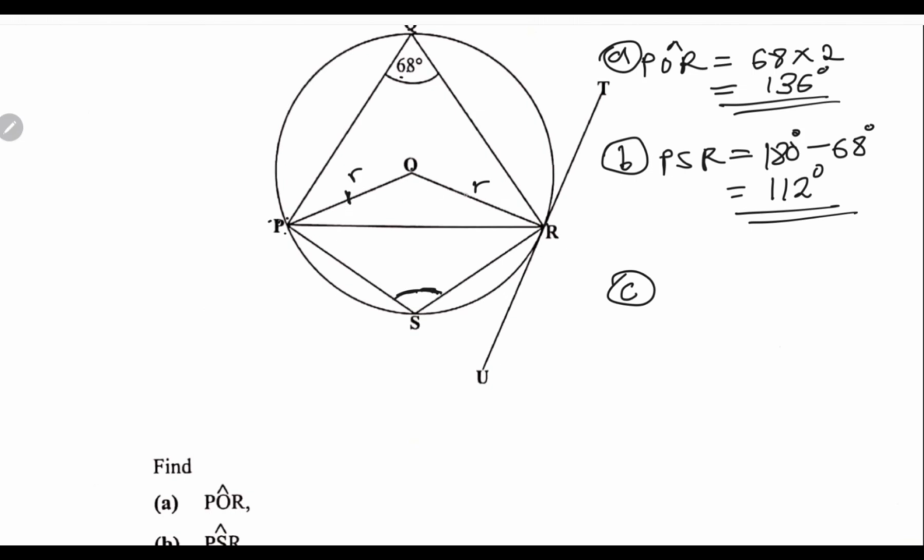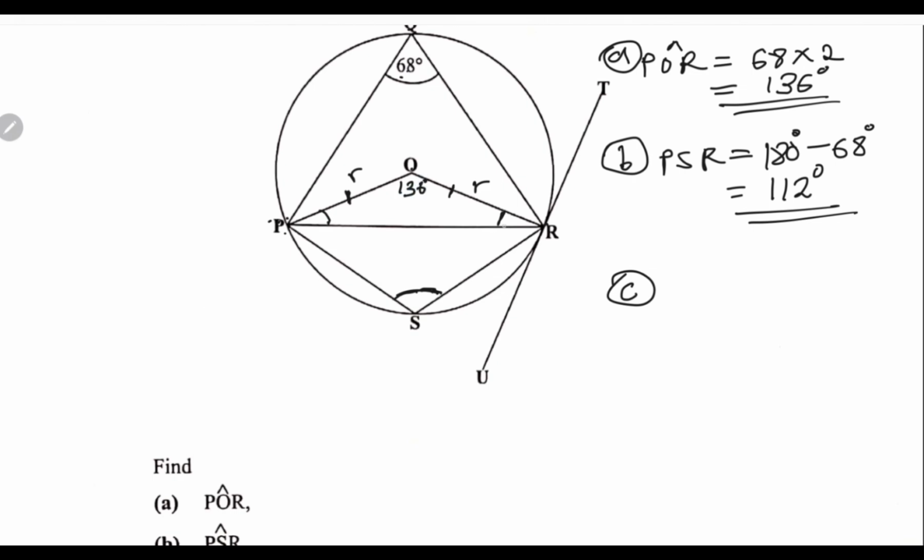If this is a radius and this one is a radius, it simply means these two are equal. So this makes triangle OPR an isosceles triangle. So if we have an isosceles triangle, it simply means this angle and this angle are the same. So we already know this angle to be 136 degrees.